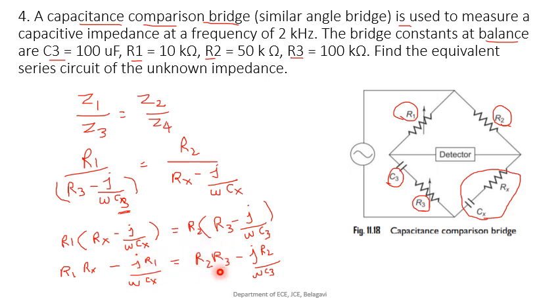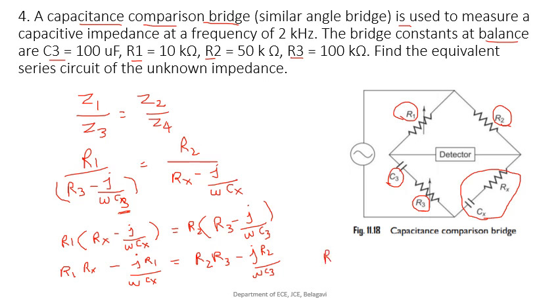The third term is real and the fourth term is imaginary. There is an equal to sign, so we can equate the real and imaginary parts. R1 Rx will be equated to R2 R3, and R1 divided by omega Cx will be equated to R2 divided by omega C3.